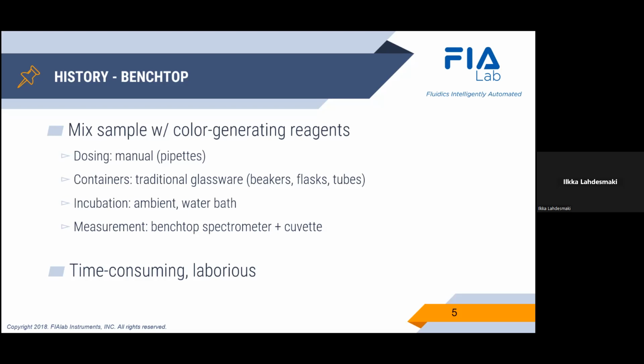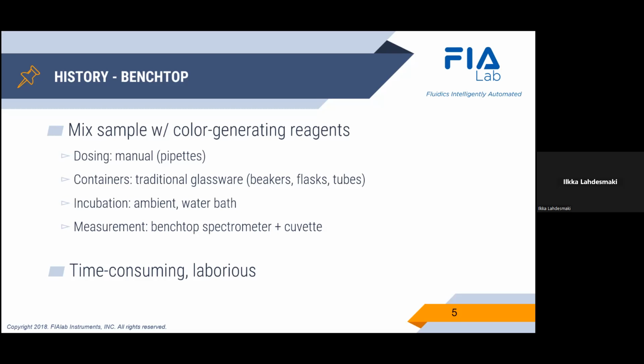If needed, if you had a sluggish reaction, you could speed it up by placing the glassware on a heated water bath. And at the end, when you let it sit and a color has developed in response to the presence of analyte in the sample, you would pour the colored solution into a spectrometer cuvette and measure the color intensity on a benchtop spectrometer.